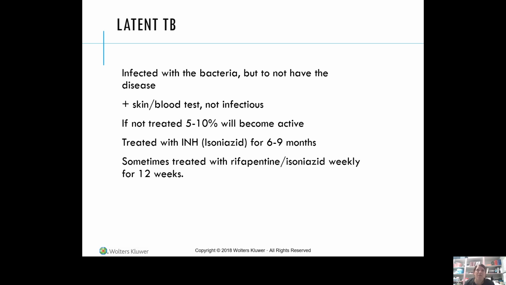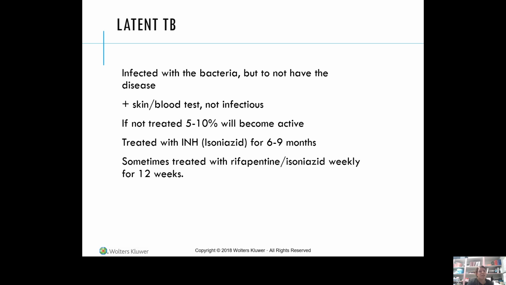And the other reason is that about 5 to 10 percent of people who have latent TB will become active. So that N95 mask may be more of a just-in-case insurance policy. But for test purposes, latent TB cannot be passed to someone else.